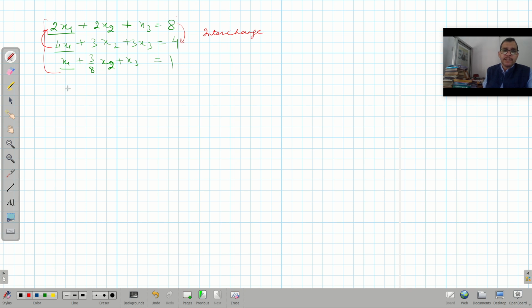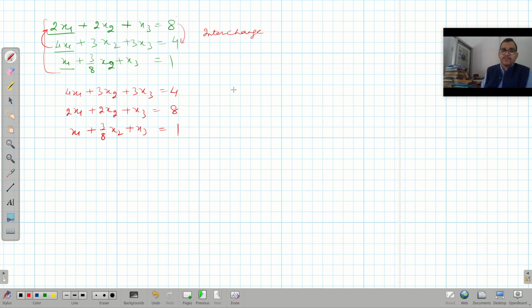So it will become 4x1 plus 3x2 plus 3x3 equal to 4, and here it is 2x1 plus 2x2 plus x3 equal to 8, and this one is x1 plus 3/8 x2 plus x3 equal to 1.